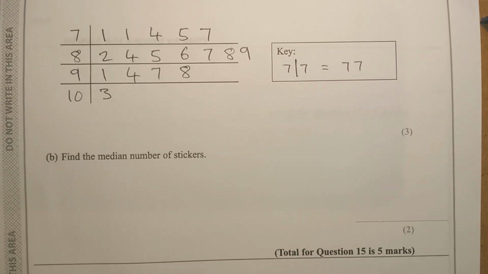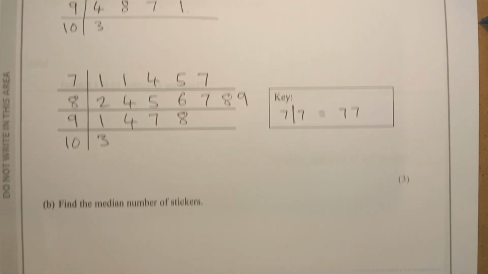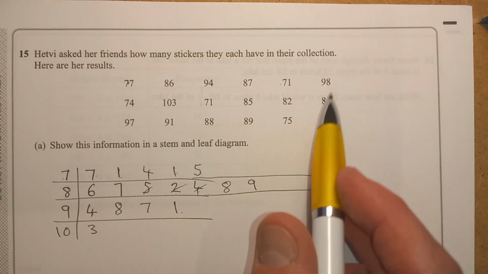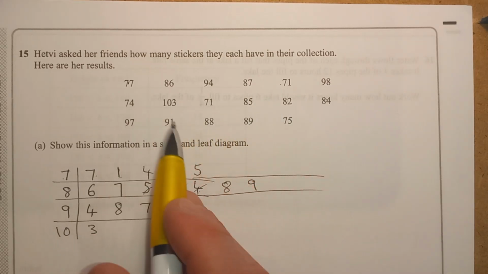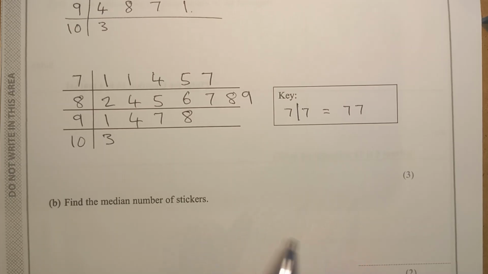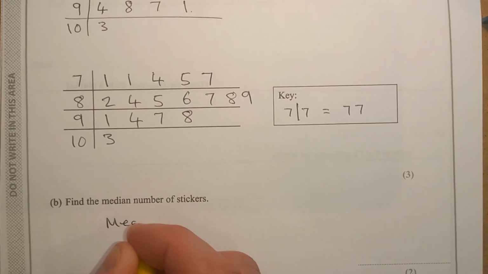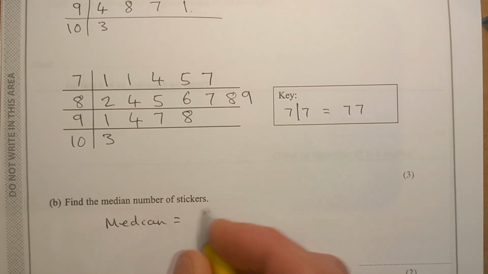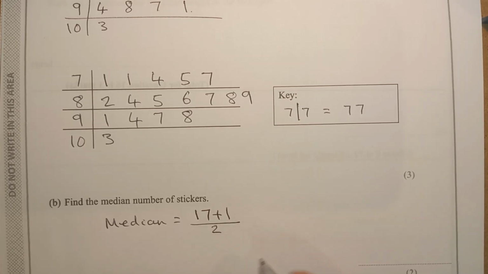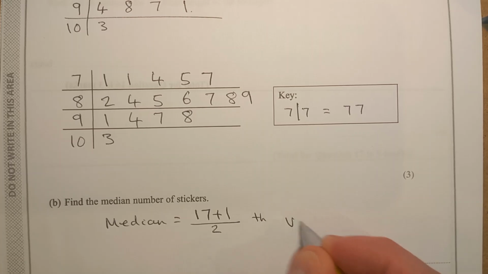Now, for part B, find the median number of stickers. Let's see how many we've got to start off with. 1, 2, 3, 4, 5, 6, 7, 8, 9, 10, 11, 12, 13, 14, 15, 16, 17. If we want the median, it would be the (17 plus 1) divided by 2th value.